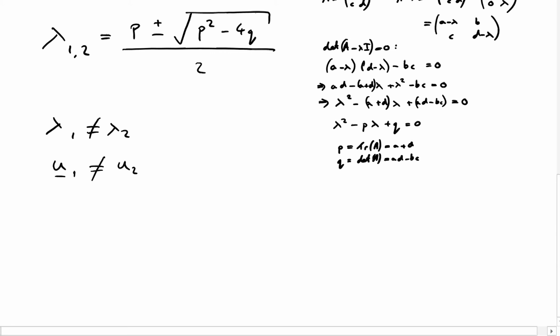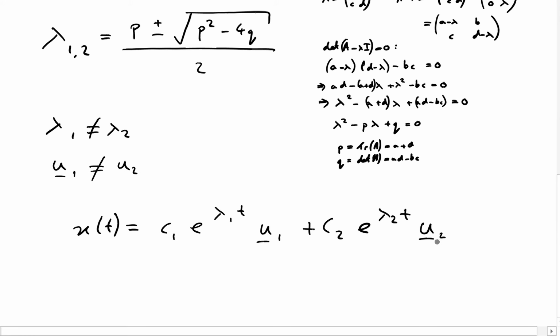And so therefore we can write it as a linear combination. So we've got x of t is equal to c1 e to the lambda 1 t times u1, plus c2, where c1 and c2 are just some constants, it doesn't really matter to the overall thing, e to the lambda 2 t, and this is going to be u2.